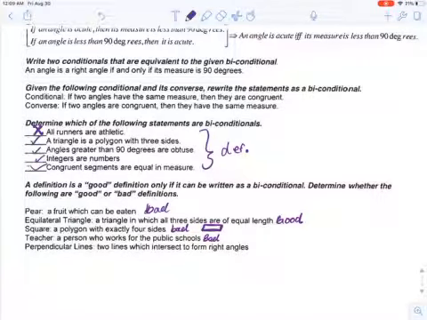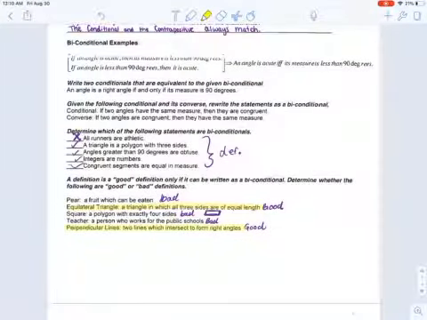Two lines are perpendicular if and only if they are 2 lines which intersect to form right angles. This one is good. So these two are definitions, and therefore can be written as a good biconditional with a little help.